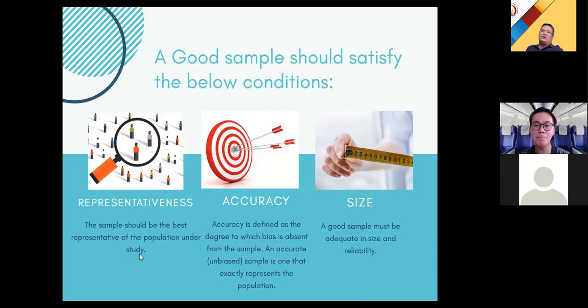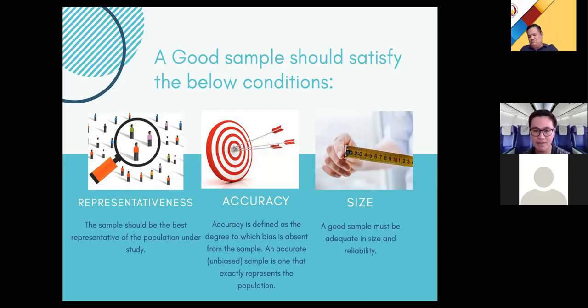Okay, so a good sample should satisfy the below conditions: representativeness, accuracy, and size. So if you're going to talk about the representativeness, the sample should be the best representative of the population under the study. So kailangan yung sample na kinuha mo from the population will represent doon mismo sa gagawin mong study.